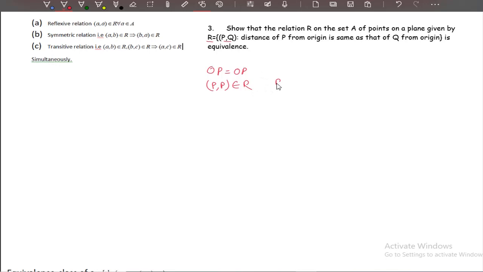So this is reflexive, for every P. If OP equals OQ, it implies OQ equals OP. Now OP is equal to OQ, that means P and Q are related.